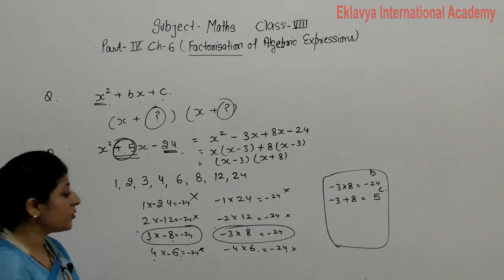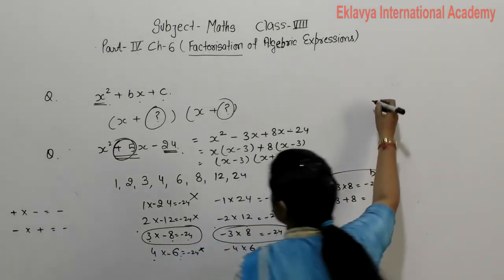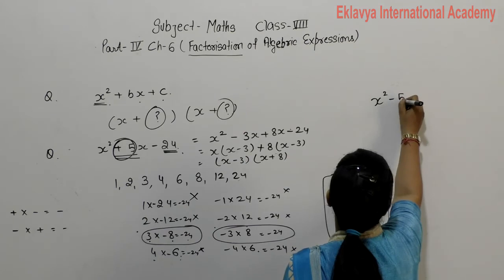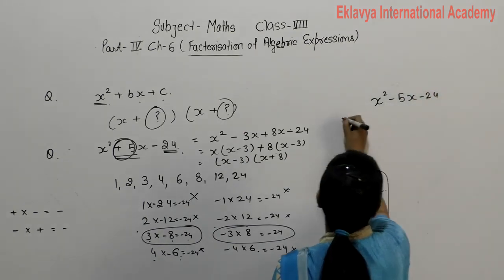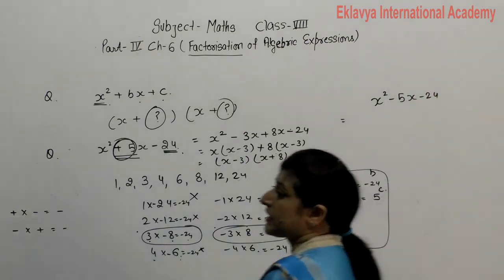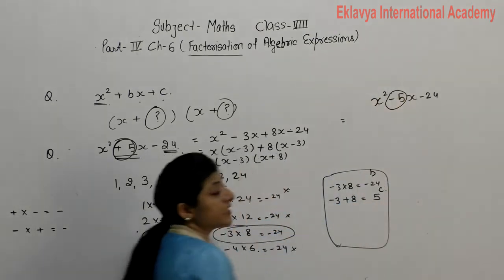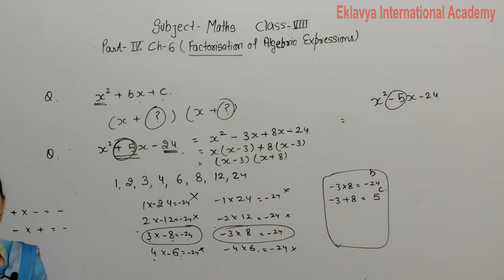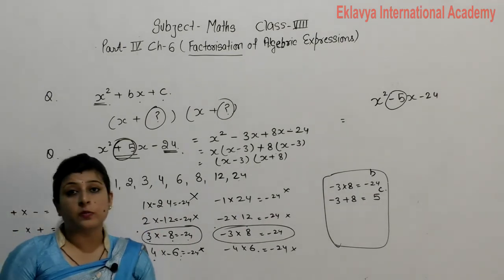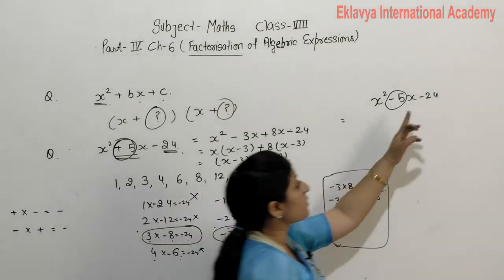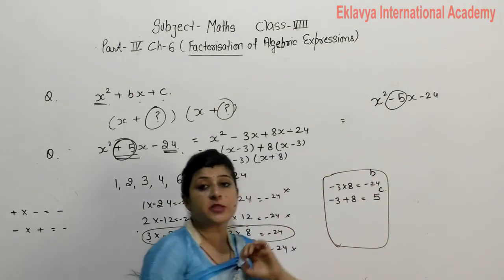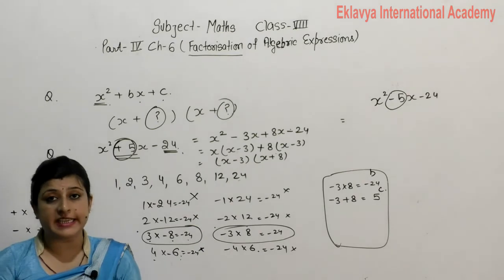If the same question is like this, x square minus 5x minus 24, in this case we want the value of b to be minus 5. The b value should be minus 5. This minus 24 shows that one value is positive and another value is negative.